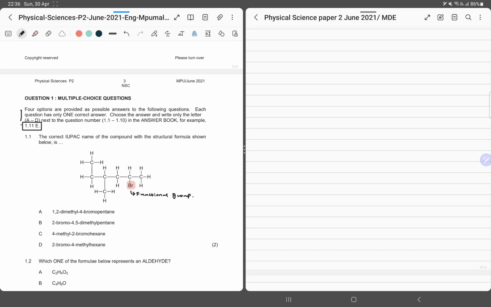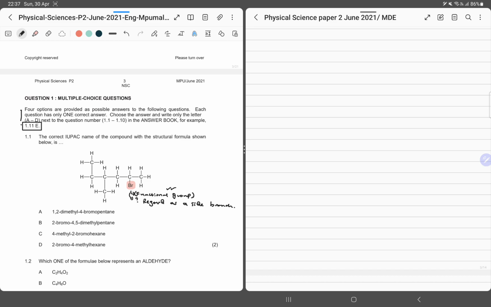Okay? Of course, you guys are told only to regard it as just a side branch. I don't know why. Because it perfectly fits a definition for a functional group.